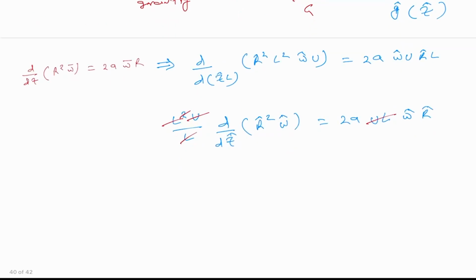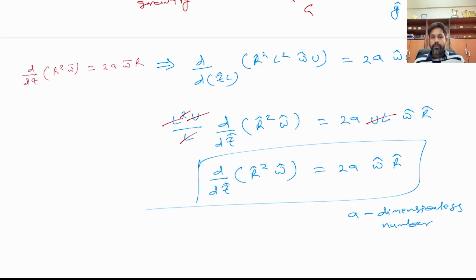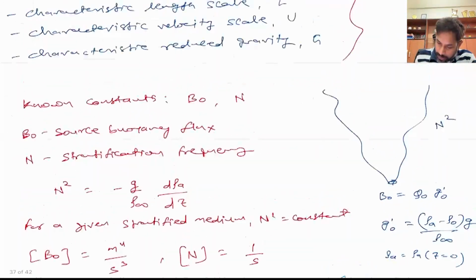So we get d by dz hat of R hat square W hat equals 2A R hat W hat. This is the dimensionless equation, where A is already a dimensionless number, so we don't have to worry about that. R hat and W hat are both dimensionless, so this equation does not have any dimension. We can do the same thing for the other two equations.